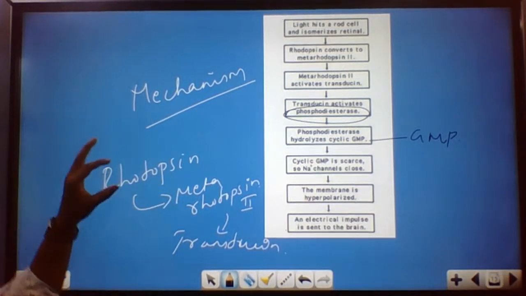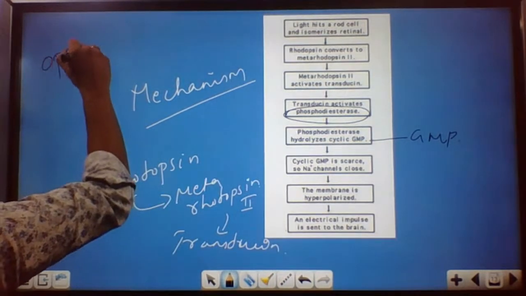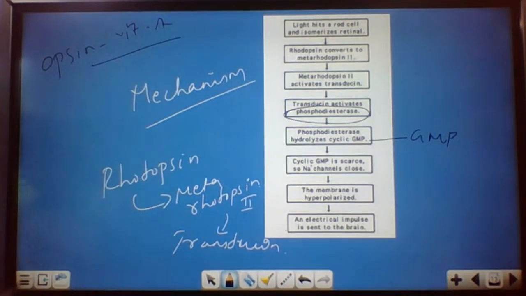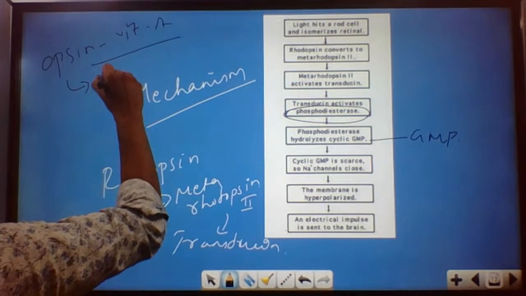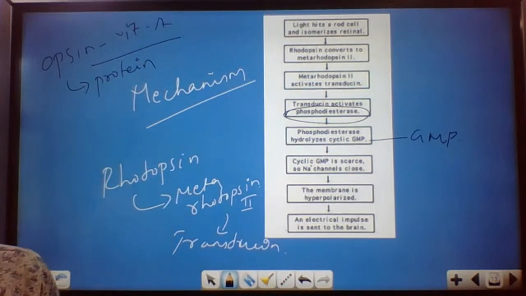It covalently binds vitamin A residues. It's a vitamin A chromophore, and you can see three extracellular and three cytoplasmic loops present. So basically, opsin is a protein, a visual protein, and it is a derivative of vitamin A.